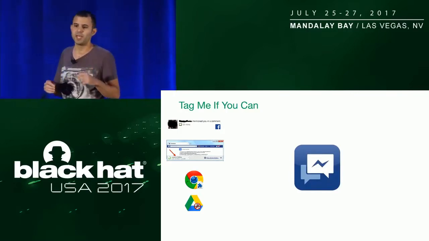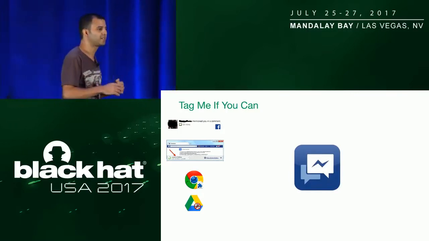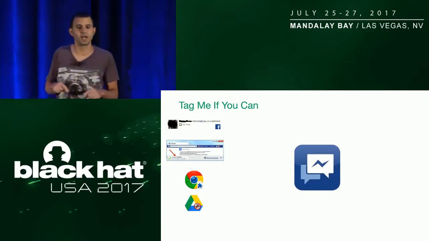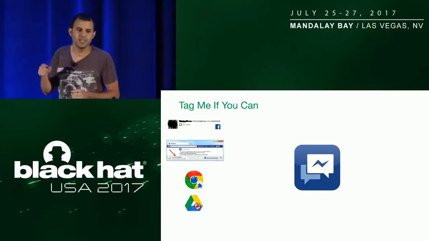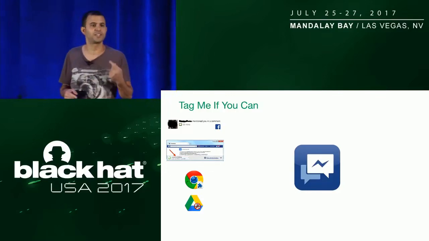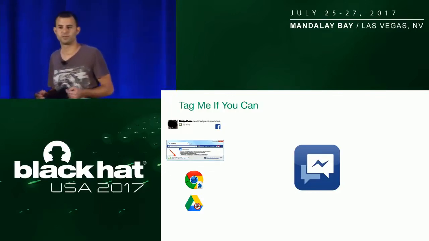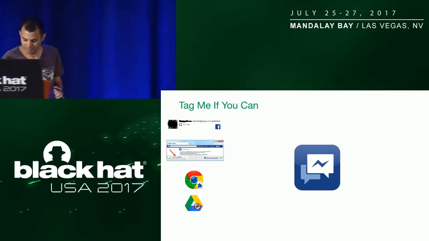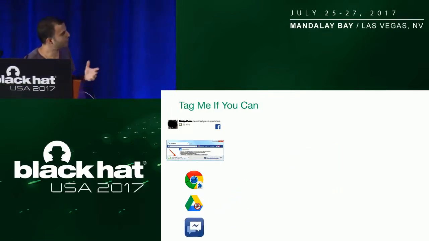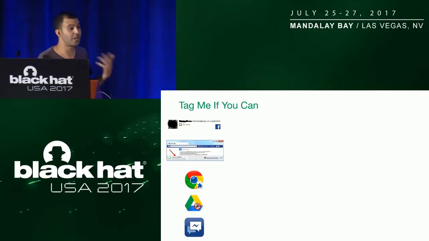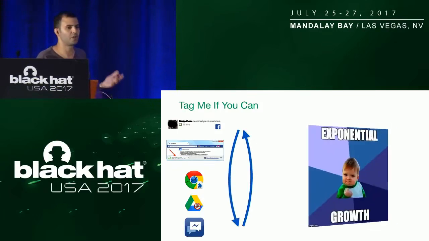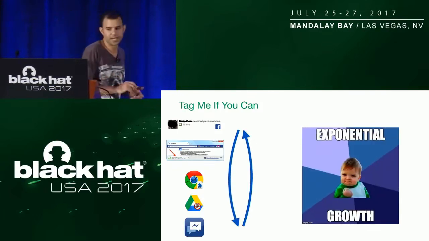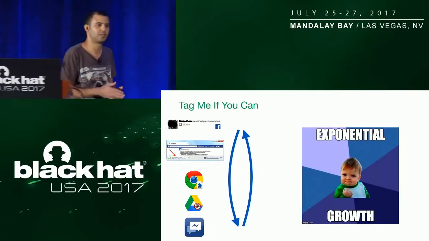Like we saw before, it creates a comment with a tag of all his friends that leads to the newly created JSE file in the victim's Google Drive. Is that clear? Cool. So one of the victim's friends on Facebook clicks on this notification, and the whole thing runs over and over again, and we got an exponential growth infection process.